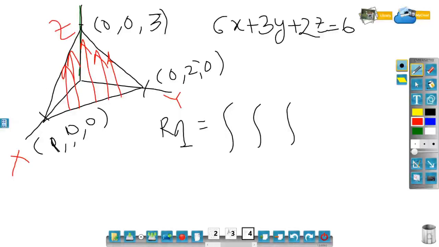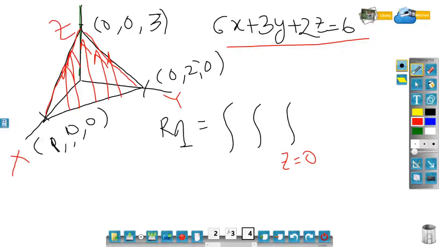I repeat, the equation of the xy plane is z equal to 0. So my z will start from 0, and any upward arrow ends on the tetrahedron. This is not a boundary, but it is a part of the tetrahedron, and the equation of the tetrahedron is 6x plus 3y plus 2z is equal to 6.